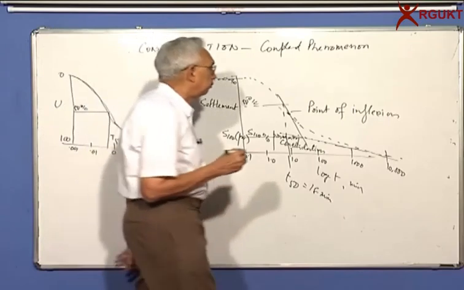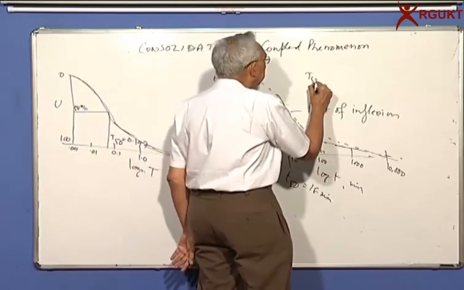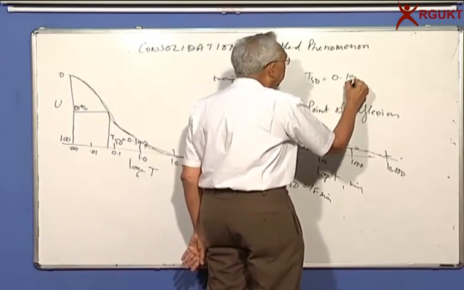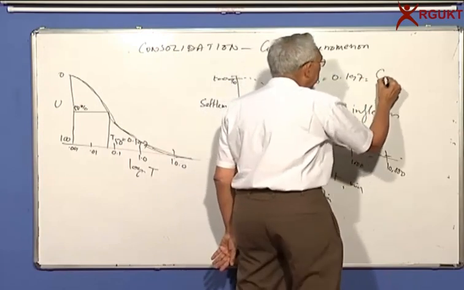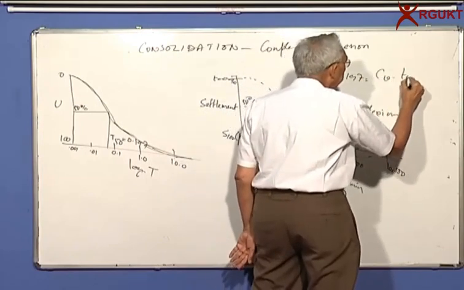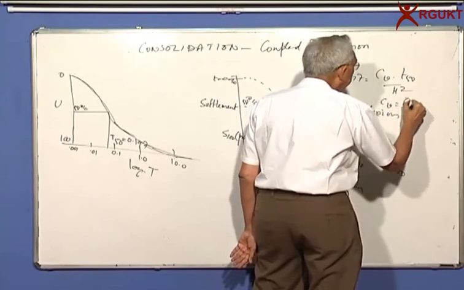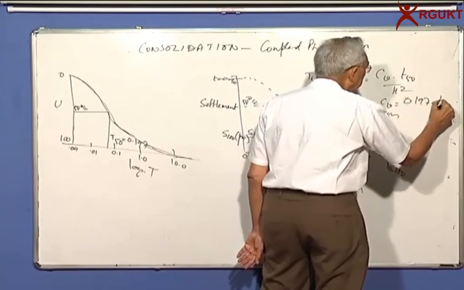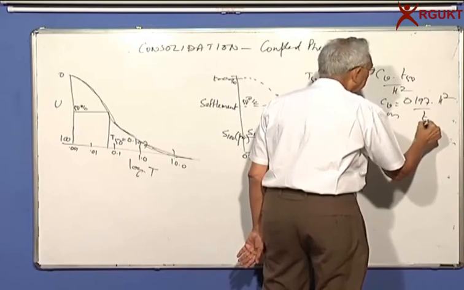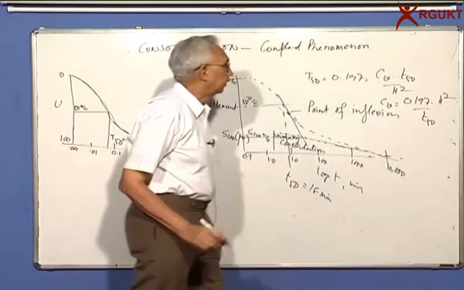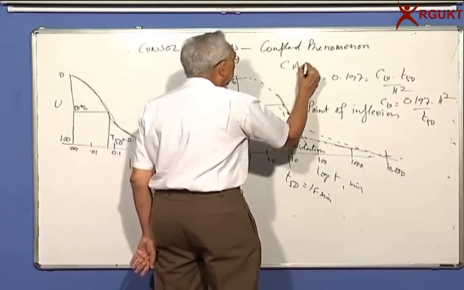And again, you go back to T50 equal to 0.197 is CV into T50 by h square. So CV is equal to 0.197 h square by T50. So this is called the Casagrande method.